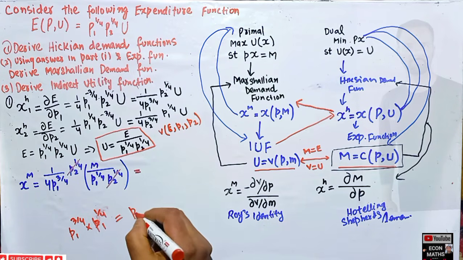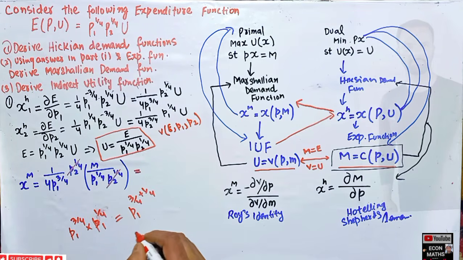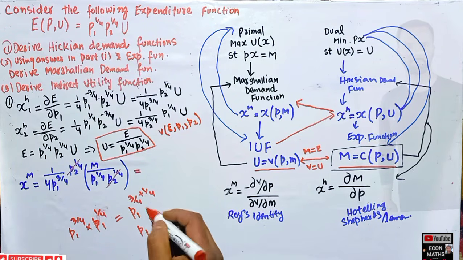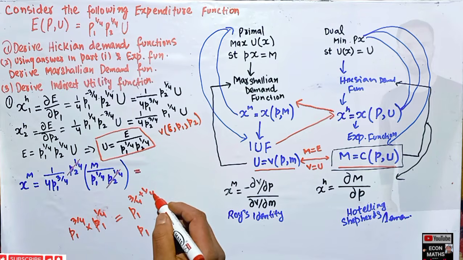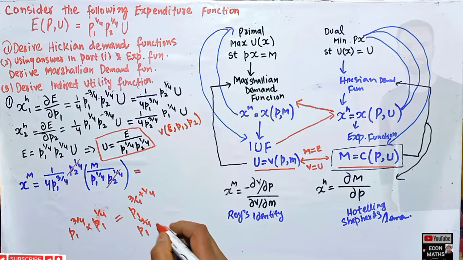So we can write p1 raised to the power 3/4 plus 1/4. Since denominators are the same, we can add up the numerators. So this becomes 4/4, and this becomes p1.